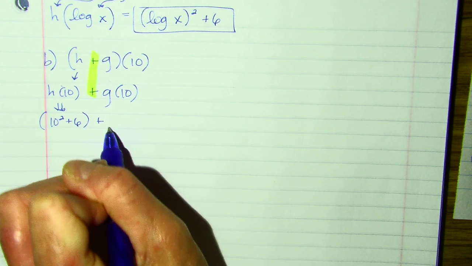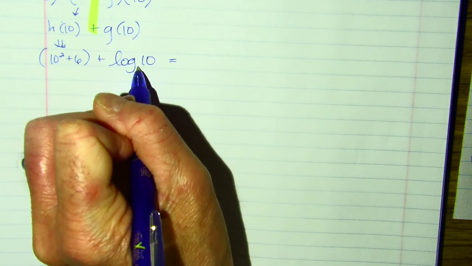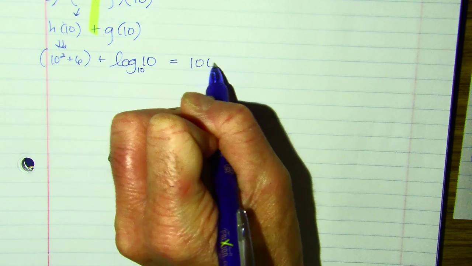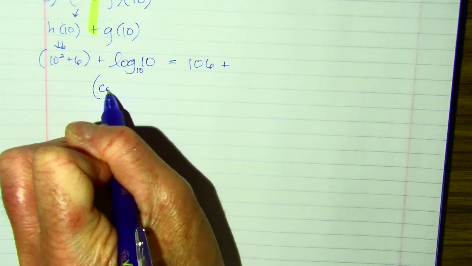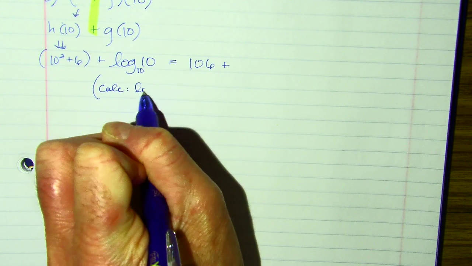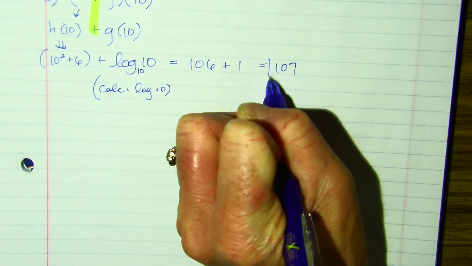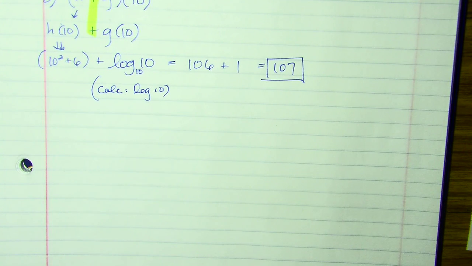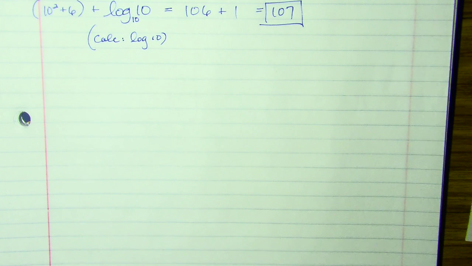Plus log of 10. Okay. Now, this has an invisible base of 10. So let's start here. 10 squared plus 6 is 106 plus, if you enter this in your calculator, you get 1. So your answer is 107. Okay. And that pretty much covers what you will see.